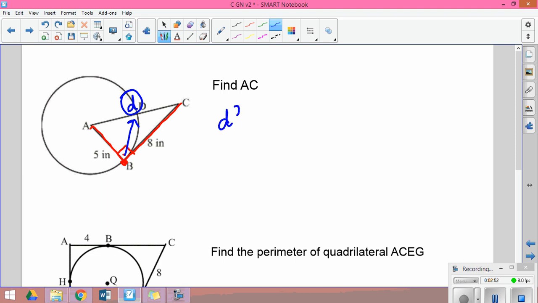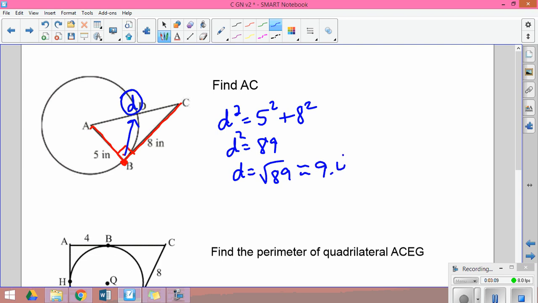And so I know that D squared is equal to 5 squared plus 8 squared. So D squared is equal to 89, and D is the square root of 89, which is approximately 9.4.